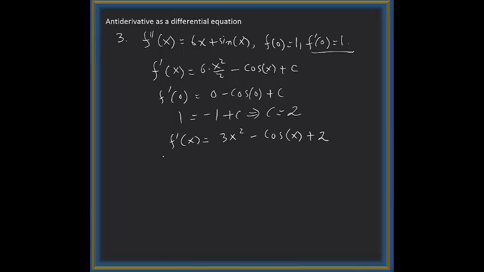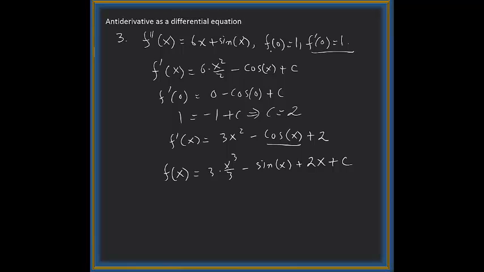Now again, if you take the antiderivative, you get your function back, f of x. So 3x squared will give you 3x to the 3 over 3, minus the antiderivative of cosine, which will be just sine x, plus the antiderivative of 2 will give you 2x, and add another constant here.